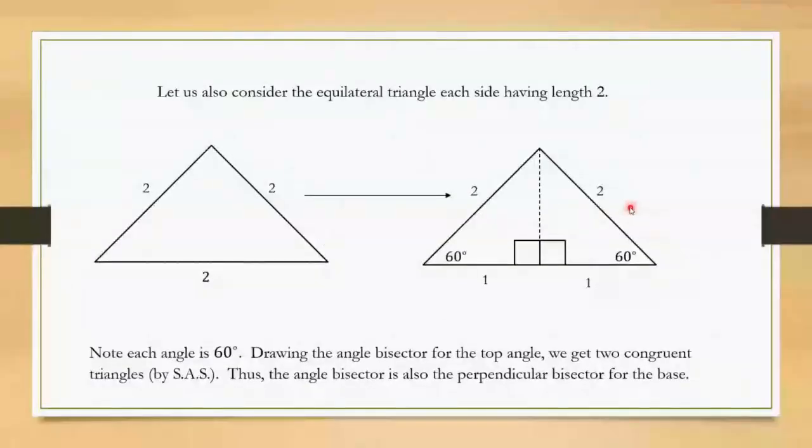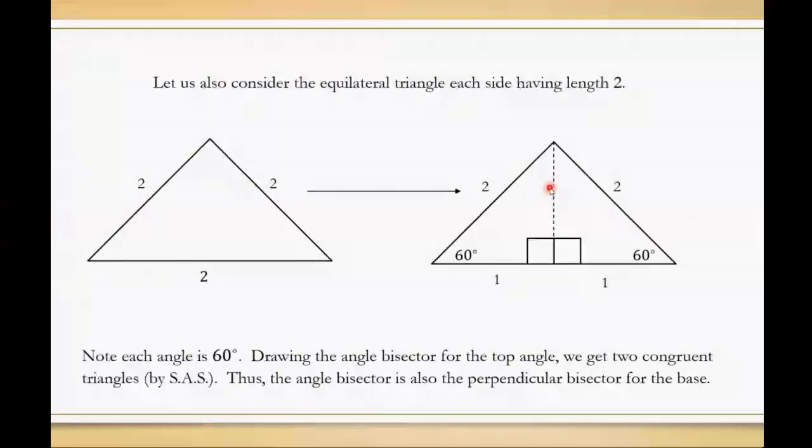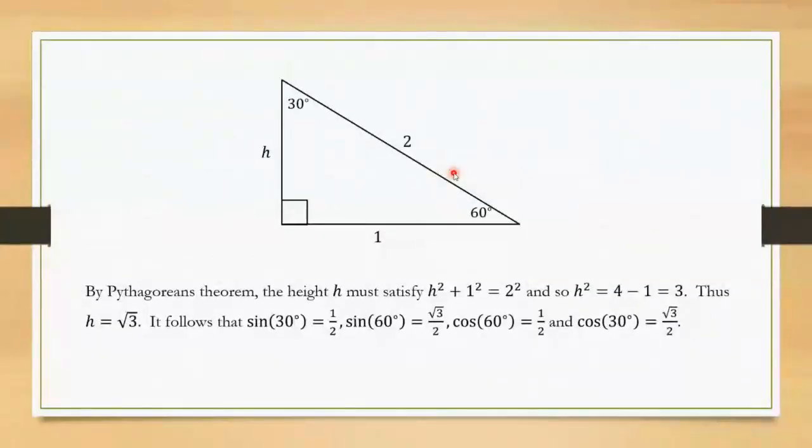So you could think of it as this triangle we're using, although it really doesn't matter because they're congruent. This side length is 1. Since it's a perpendicular bisector, it's cutting this side in half, so these two sides are both equal. But what's the height, though? Well, for the height, again, Pythagorean theorem. I'm calling the height h, and by Pythagorean theorem, the height is the square root of 3.